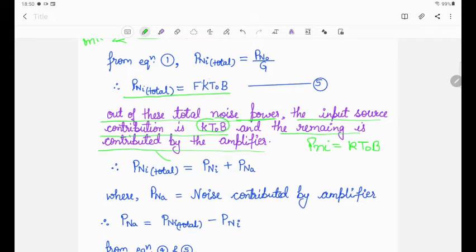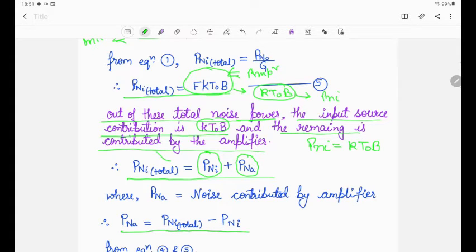The rest of the noise that remains here is contributed by the amplifier. So the total noise power is the input noise power plus the amplifier contribution noise. So we can write PNA is equal to PNI total minus PNI.